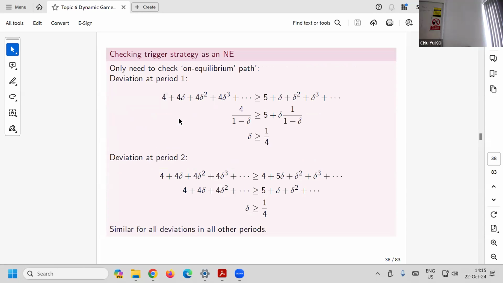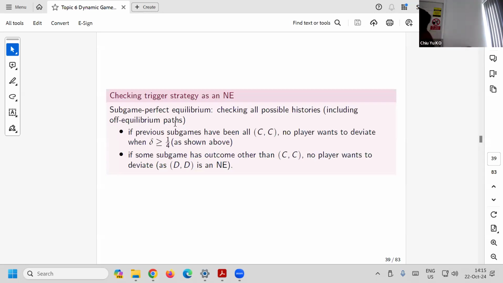For Nash, you just need to check whether there is any other strategy that can improve, so we only check along the equilibrium path, the path that actually occurs. But subgame perfect has to look at all histories, especially this one, which does not appear in equilibrium. We need to check it.